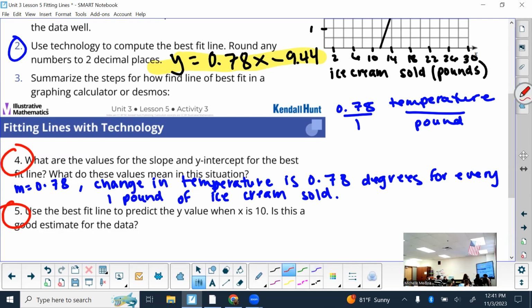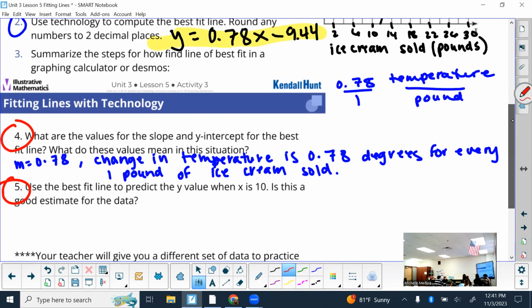All right, now number 4, part 2. What is my y-intercept? My y-intercept is b of my linear model. Remember my linear model that I highlighted in yellow?